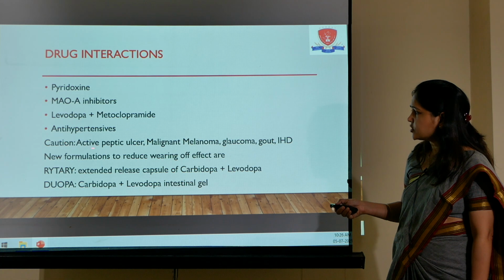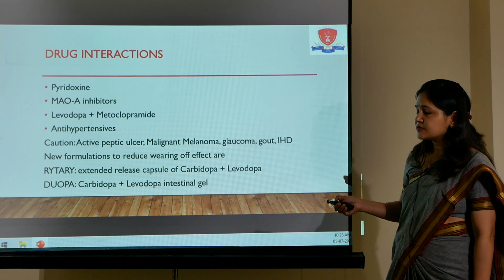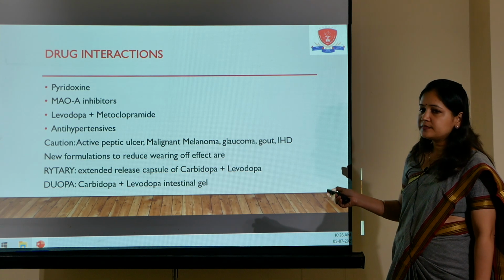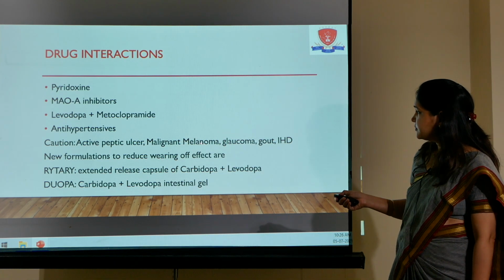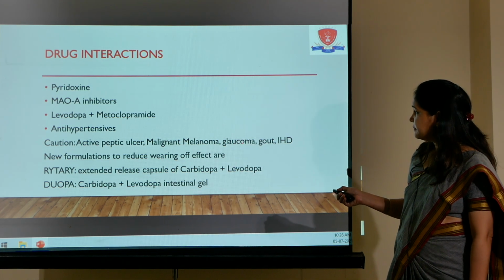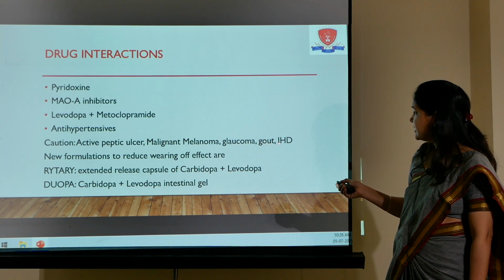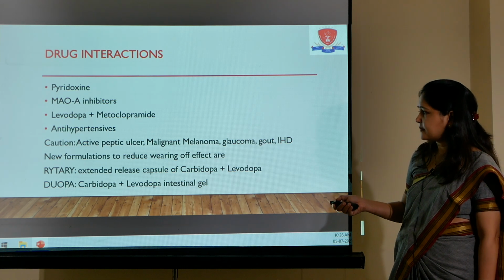So you have to be cautious especially in active peptic ulcer disease, because it increases the gastric acidity. Malignant melanoma, because it is a melanin congener, so you have to be careful. Glaucoma again can be precipitated while giving levodopa. Hyperuricemia, so you have to be careful in gout, and in ischemic heart disease, as it may lead to arrhythmias.